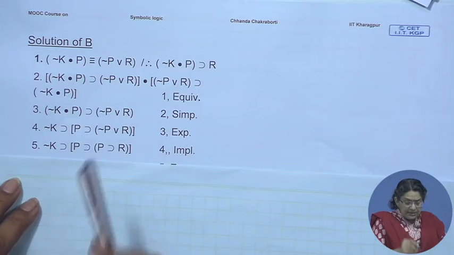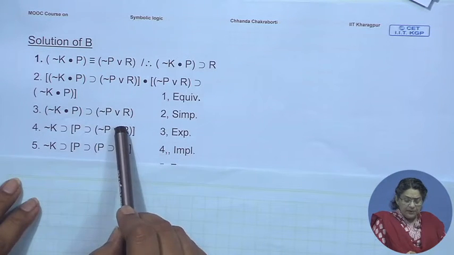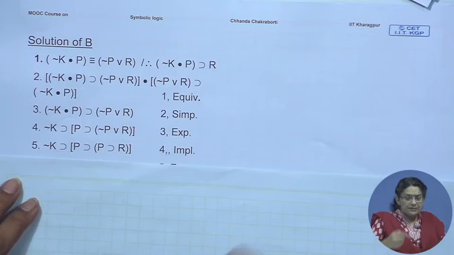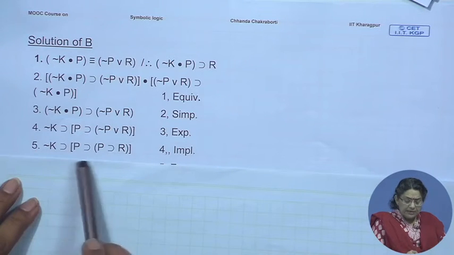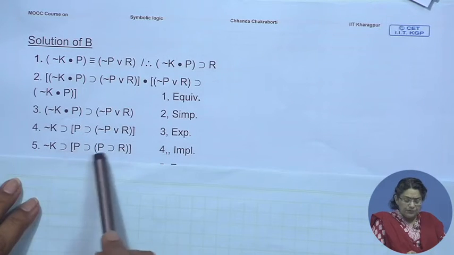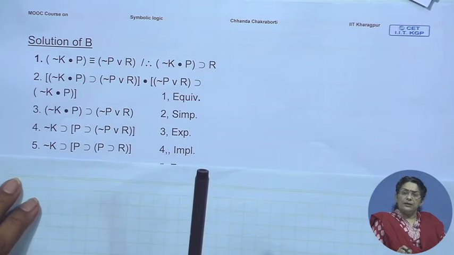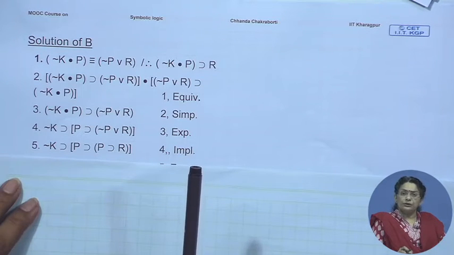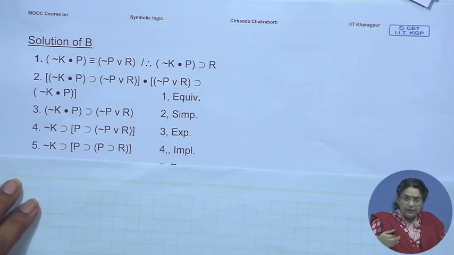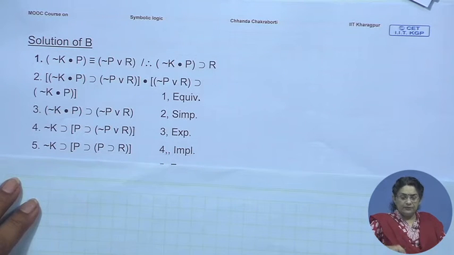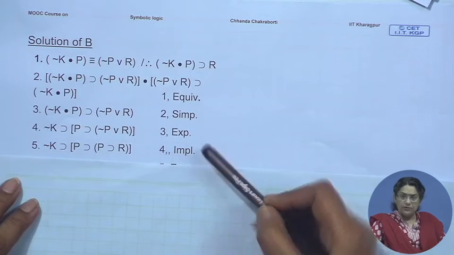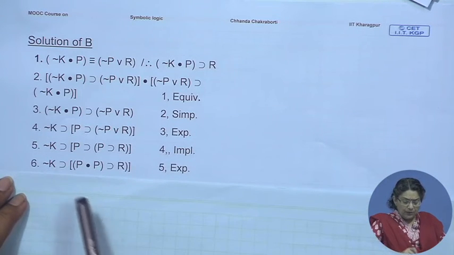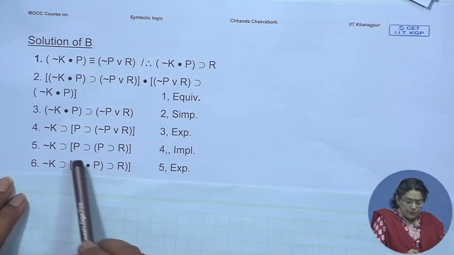See, the reason is that in tilde P wedge R, I have seen that this is nothing but P horseshoe R. So, if we can get another P here, I see the possibility of collapsing these two P's into one by using the rule called tautology. Okay, let us see. I am getting ahead of that. First of all, I have done exportation, then this is your implication, and this is what we can now do by exportation on this part.